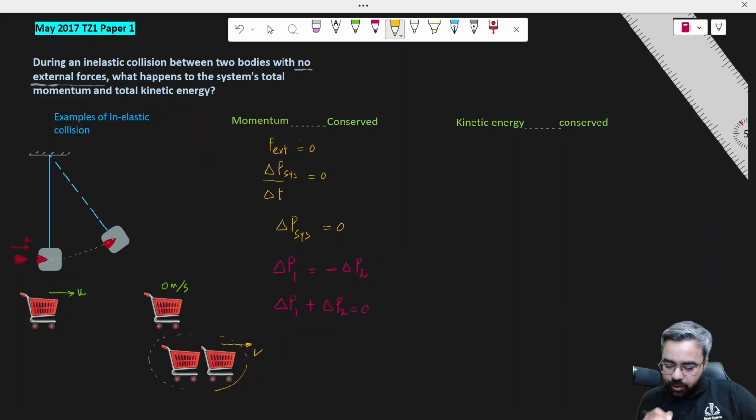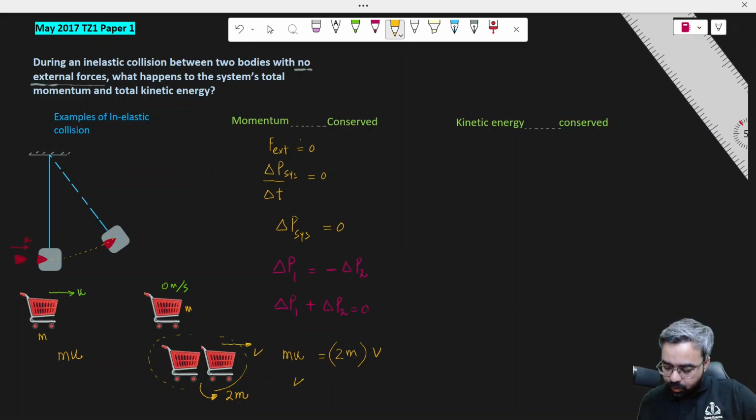Which means that the total momentum before the collision, if both have a mass m, is mu. So mu is equal to the total momentum after the collision. Now it is a system of masses, so it has a total mass 2m. So 2m into v. This is what it means.